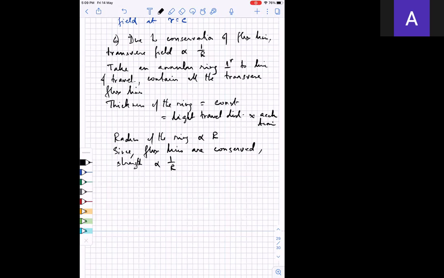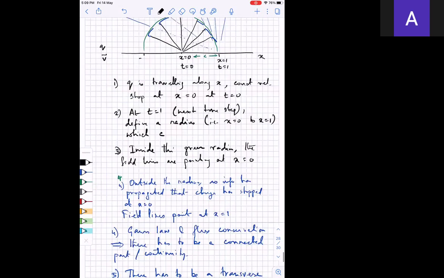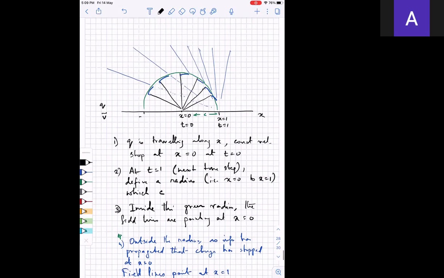Sir, the strength is where? Inside the ring? This strength is inside the annular ring, right? I'm saying that the strength which you told about will go like 1 over r.